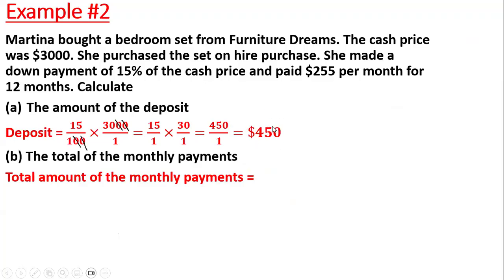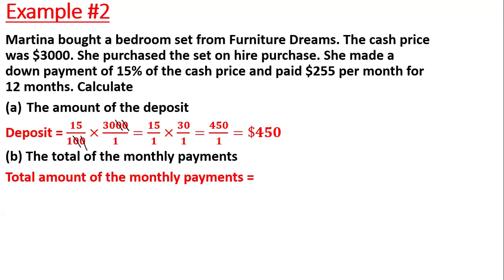That's close, but that's not what we're paying every month. We're not paying $450 every month. What are we paying every month, based on the question? $225? Very good. So how do we get the total amount of the monthly payments? Multiply that by 12.